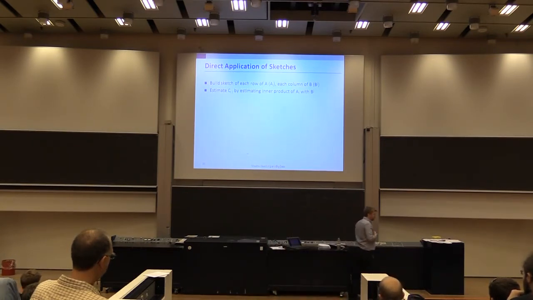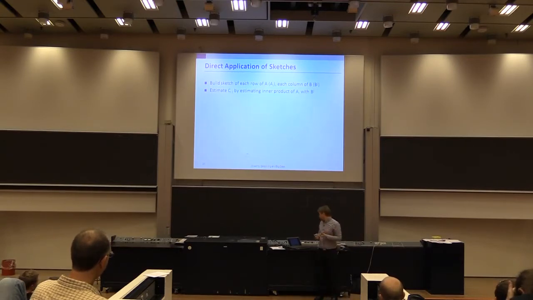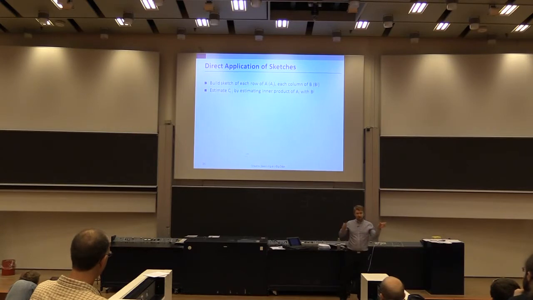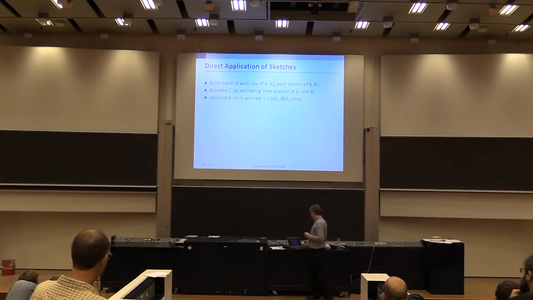From basic linear algebra, this quantity is just the inner product of the ith row of A and the jth column of B. Well, sketches will let me do that. We argued yesterday that I can simply take a sketch of one vector, a sketch of another vector, and combine them to get an estimate of the inner product.